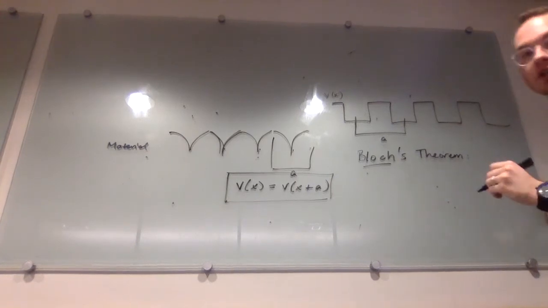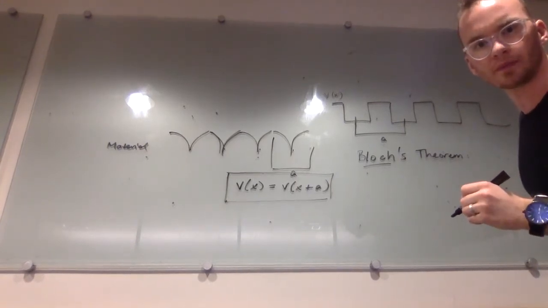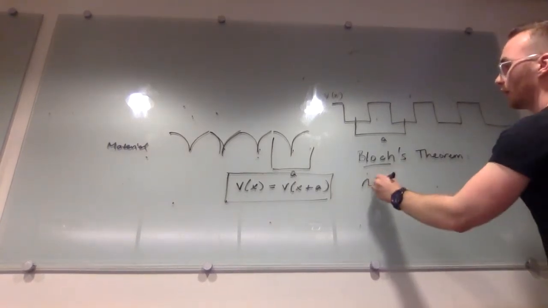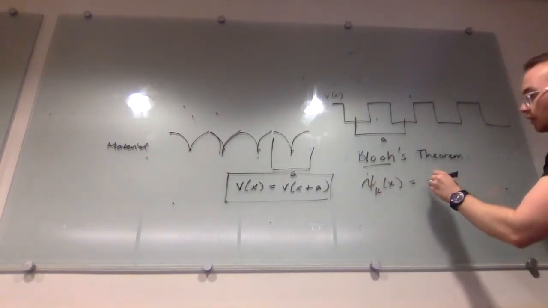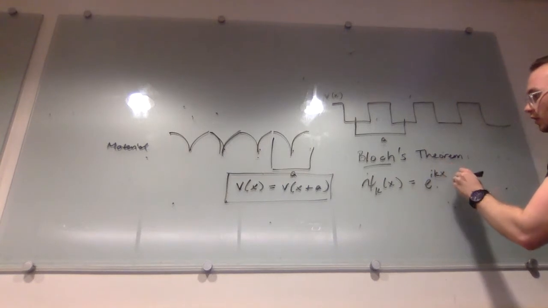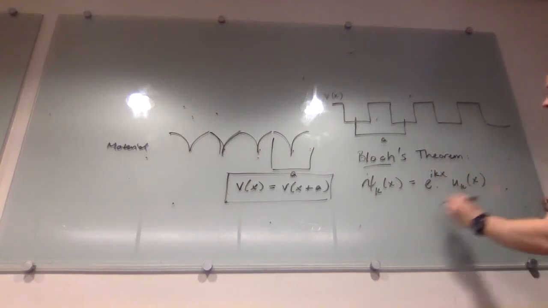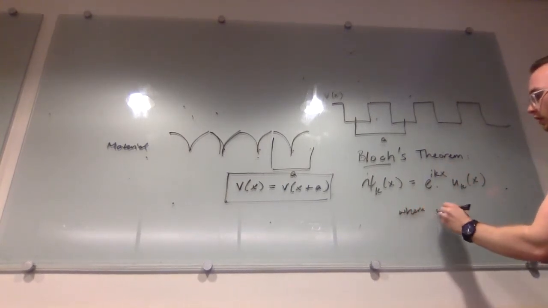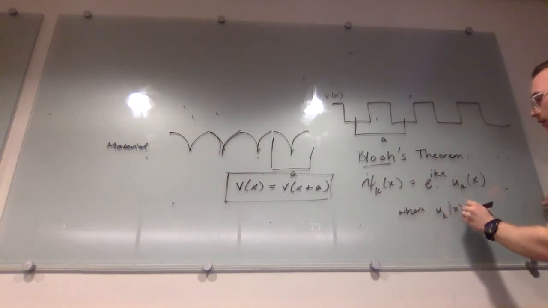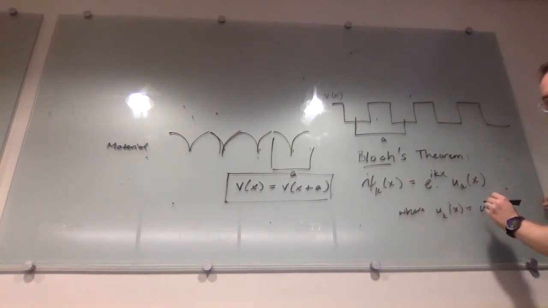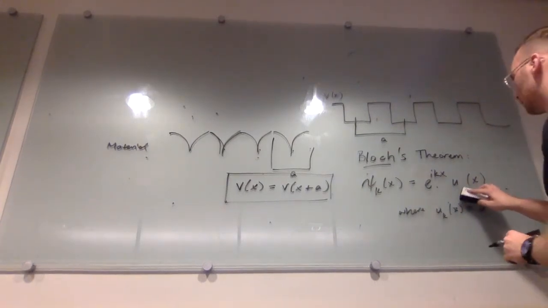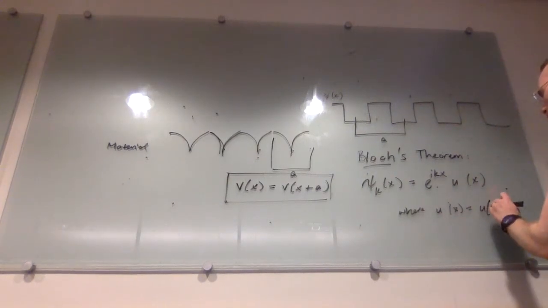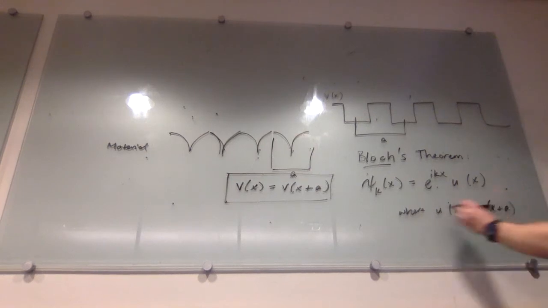It just says that when you have a periodic potential and an electron on it, the wave function looks like this, where, I'll write it and then I'll explain it in a second: psi equals e to the i k x times u(x), where u(x) equals u(x plus a).